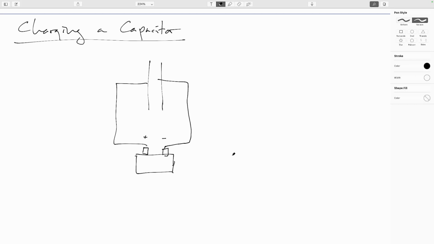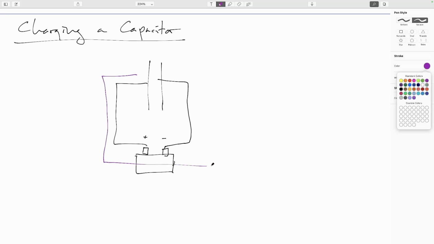Now, what's going to happen here is, while charging, and we'll get into how this works in a bit, but just for now, we'll just say while charging, let's use a different color. While charging, what the battery is going to do is it'll move electrons around the circuit like this.